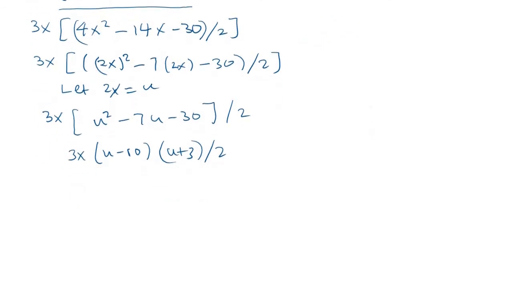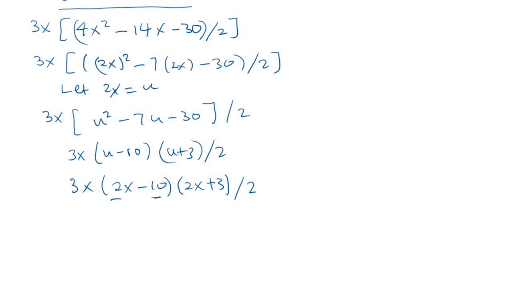So let's keep on going. It will be 3x, this is really fun to do, times 2x minus 10 and then 2x plus 3. I just replaced the u. And then don't forget to divide by 2 at the very end. Okay, we're still not done. We have to look for something we can take out from any of the binomials. Here we can take out a 2.